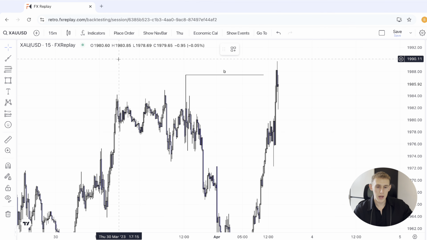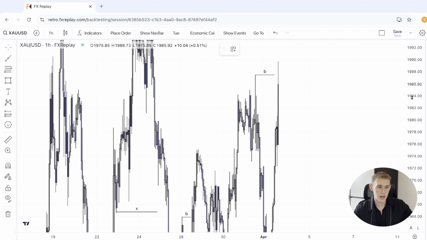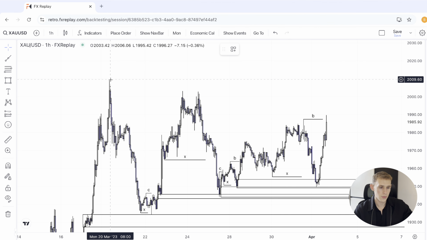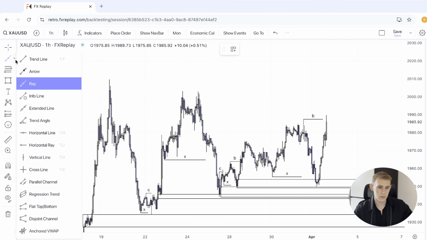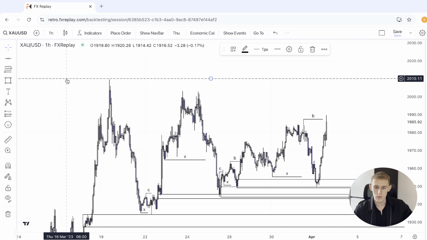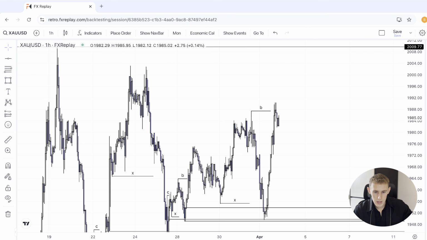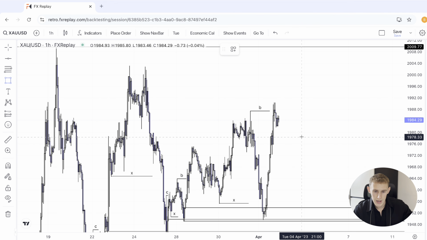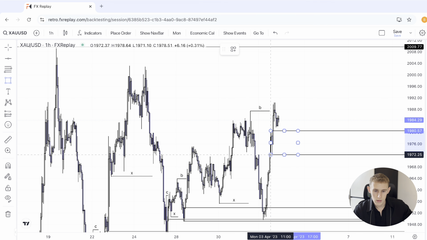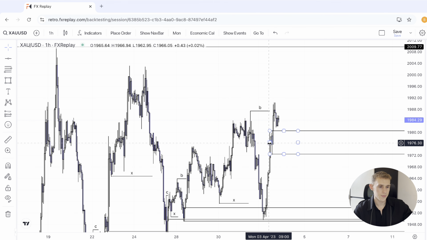Still looking to buy up into this main high, which I'm going to just mark on. So now maybe you could see this very clear hourly demand retested.